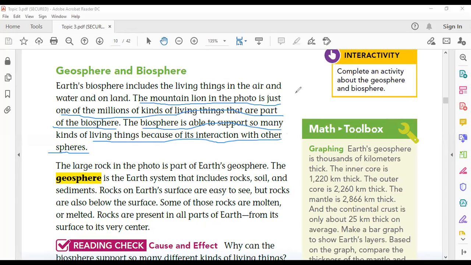Are insects part of the biosphere? Yes, of course, because they are living things, even though they are micro.